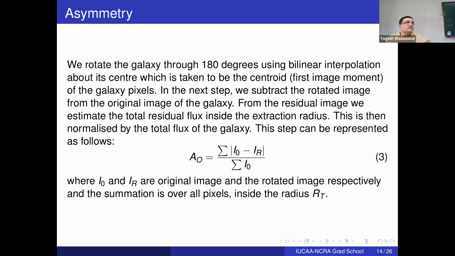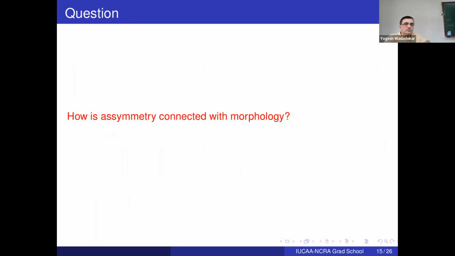And of course, galaxies that don't have any symmetry, like irregular galaxies and so on, are going to show a very high value of asymmetry. Yeah. So this is what we saw. How is asymmetry connected with morphology?